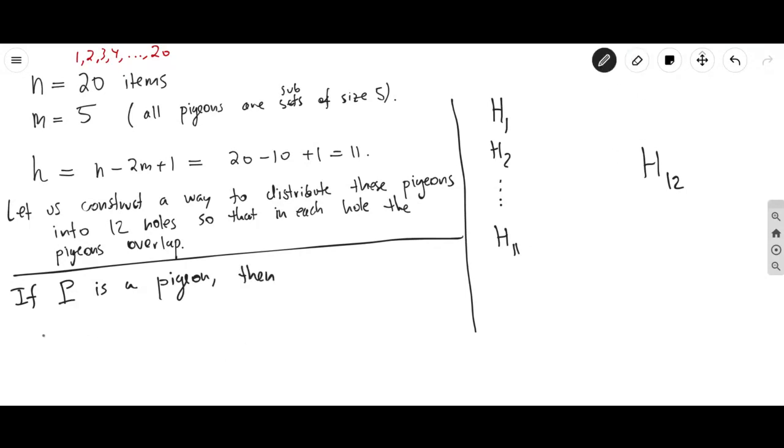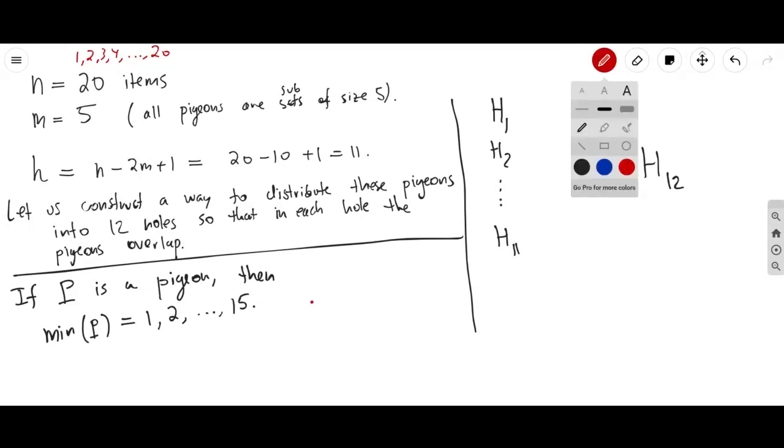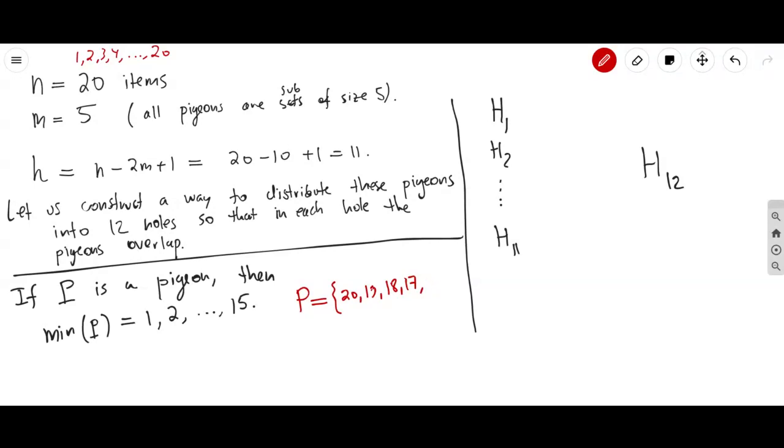So then, if you look at the minimum number that's located in P, this could be 1, it could be 2, and at the very most, it could be the number 16. The reason for this is because the largest possible way of choosing 5 of these would be 20, 19, 18, 17, and 16.